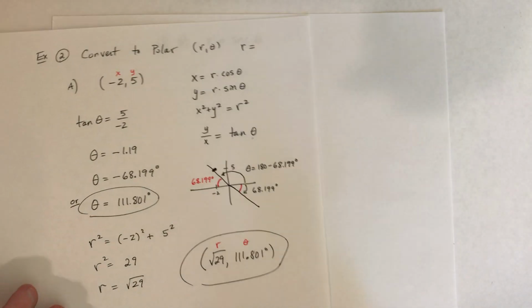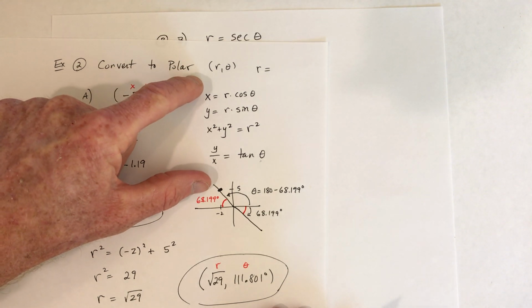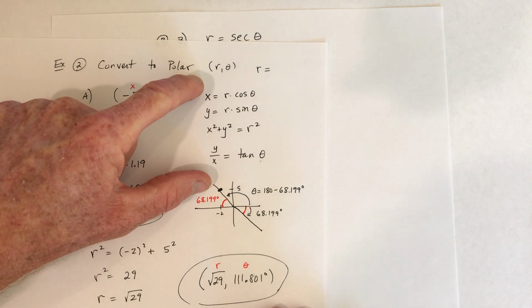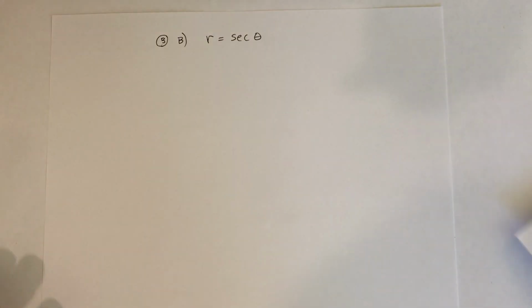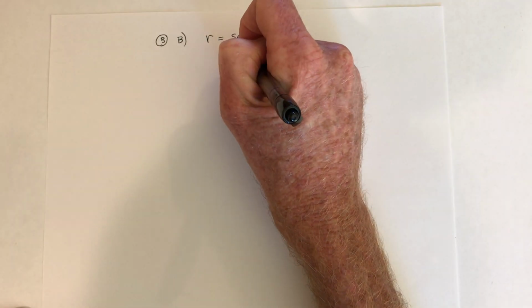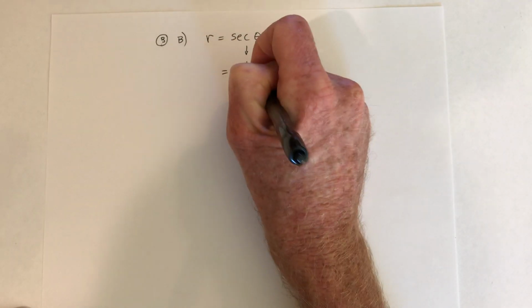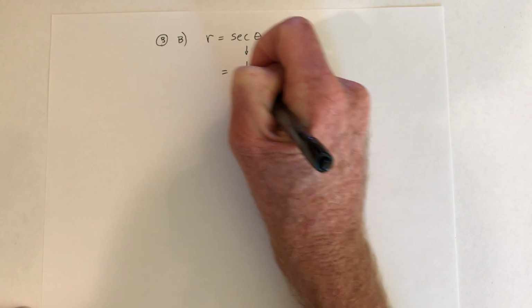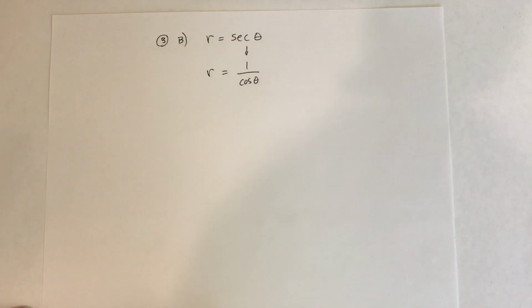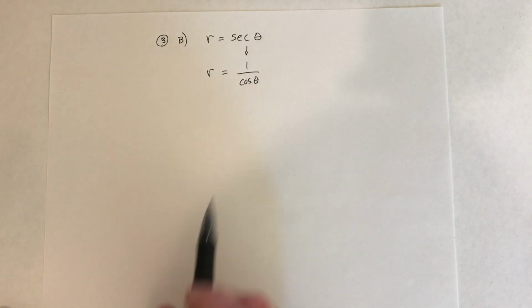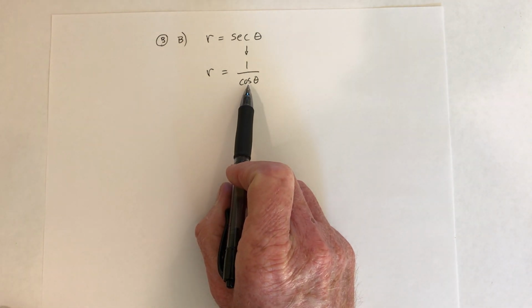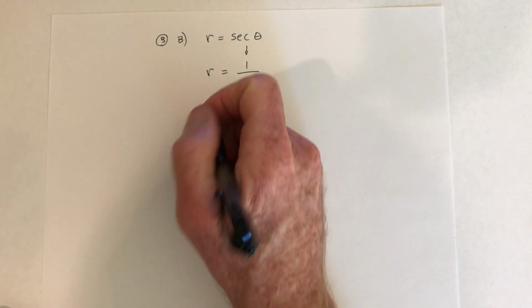Well, if you look at these formulas that we have to work with, none of them say anything about secant. So what we need to do first is use a trig identity that secant is 1 over cosine. And then what I could do is multiply both sides by cosine of theta, which basically transfers it over to the left side.